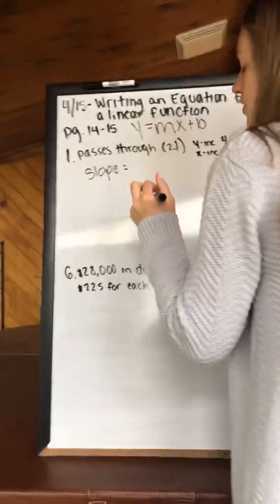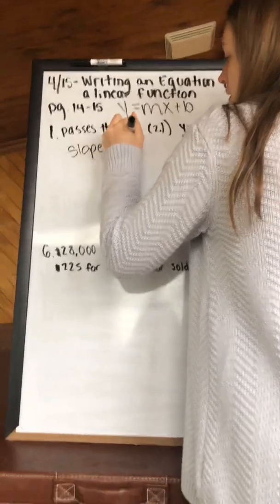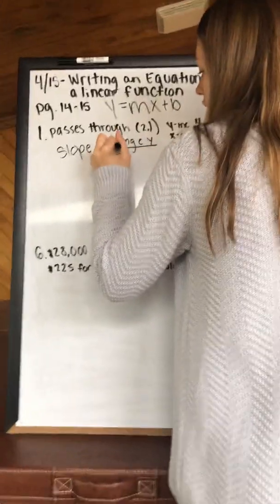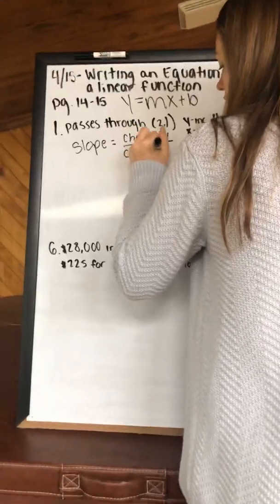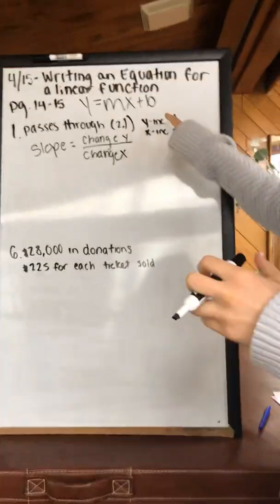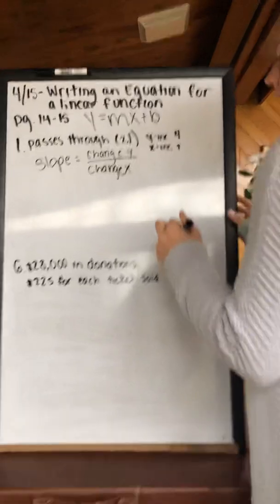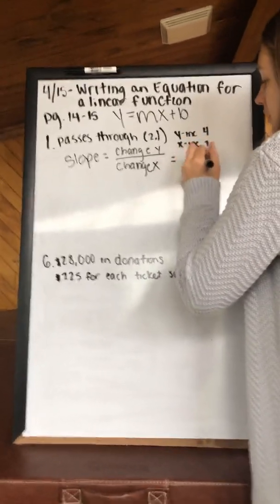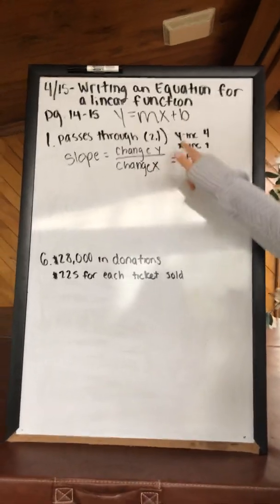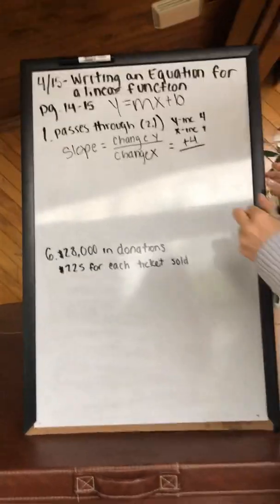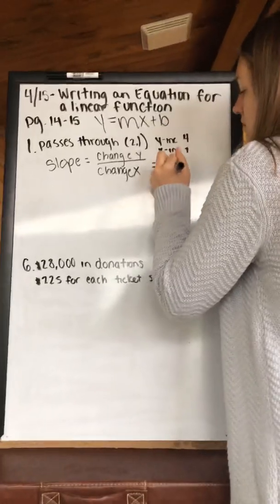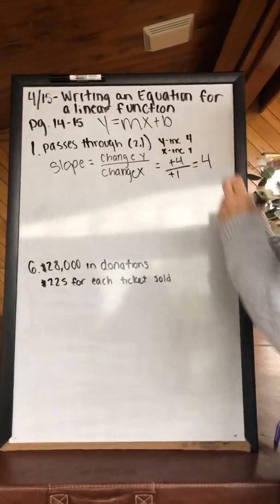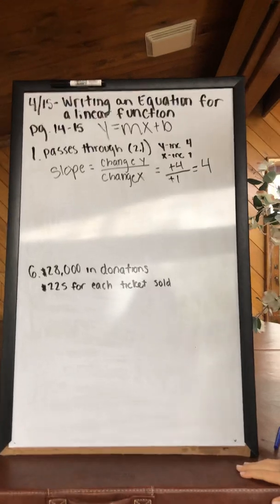Slope is change in y over our change in x. They told us our y is increasing by 4, so our change in y is going to be plus 4. Our change in x is increasing by 1, so our change in x is plus 1. 4 over 1, that's the same thing as 4. So we know our slope is 4.